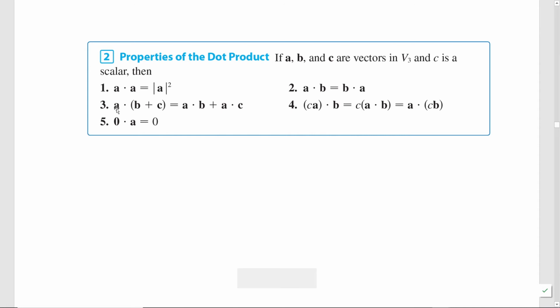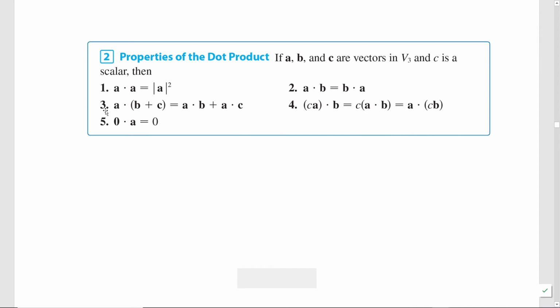For example, the first property says the dot product of the vector A with itself equals the square of the magnitude of A. And property 2 says the dot product of the vectors A and B is equal to the dot product of the vectors B and A. So the dot product is commutative.